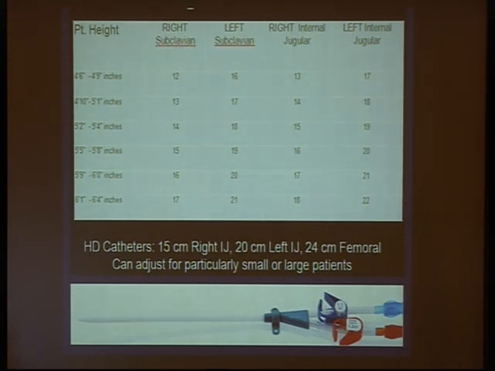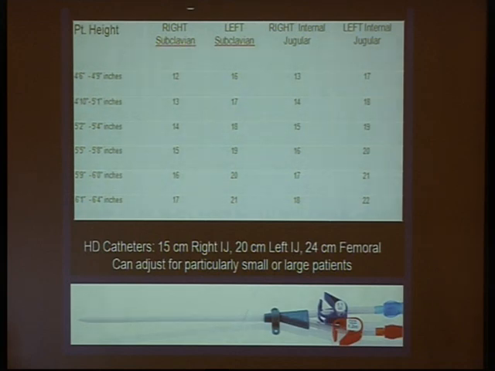And the usual length to be used is 15 centimeters for right internal jugular, 20 centimeters for left internal jugular, and a bit longer one, 24 centimeters for femoral catheter cannulation.